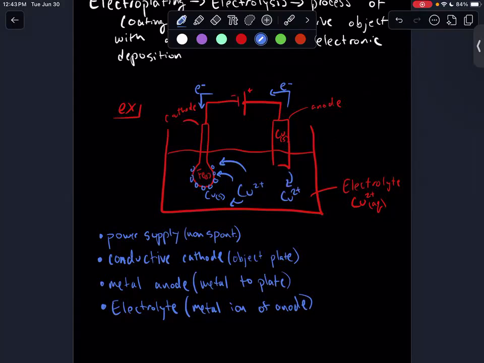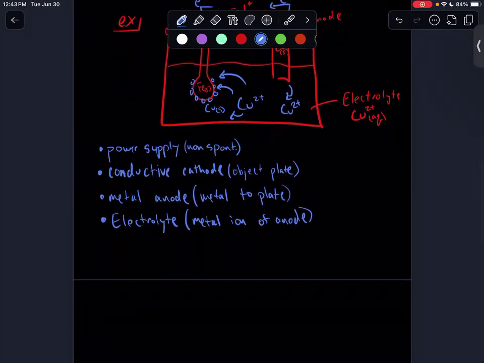If we have two different metals, then based on their reduction potentials, we'll have possibly different reactions and different alloying going on. It's much harder to control, and we have to then start looking at a bunch of various factors as equilibriums will shift as well. So we use the same electrolyte ion as our metal anode.